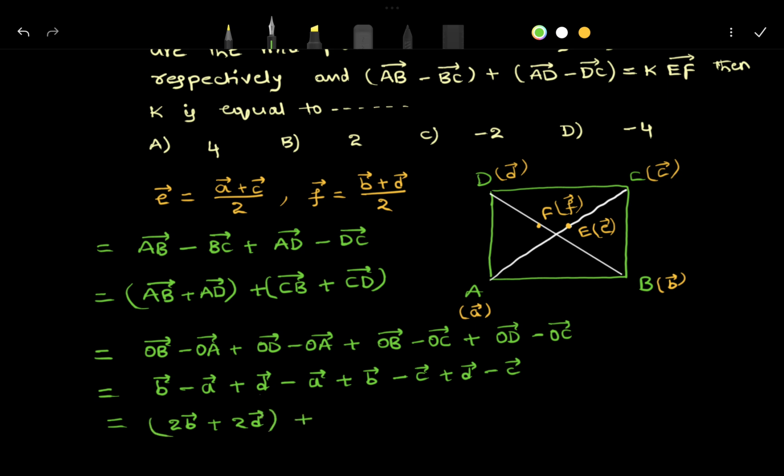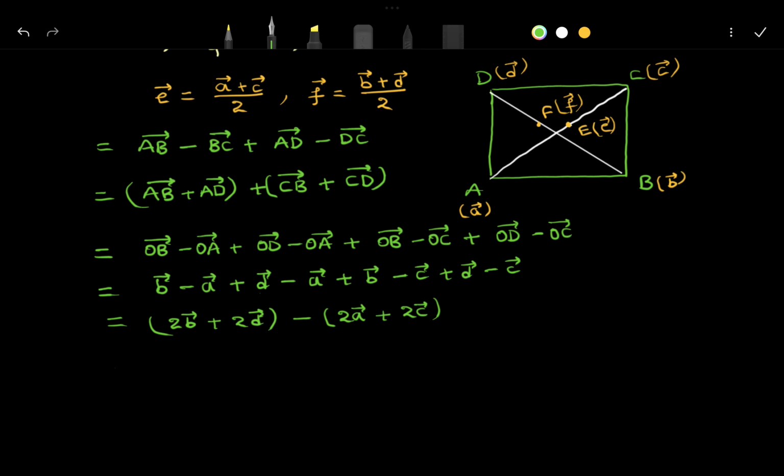And next, minus a bar minus a bar is minus 2 a bar, and minus c bar minus c bar is minus 2 c bar. Taking the common factor, you can write this as 2 into b bar plus d bar, minus 2 into a bar plus c bar.